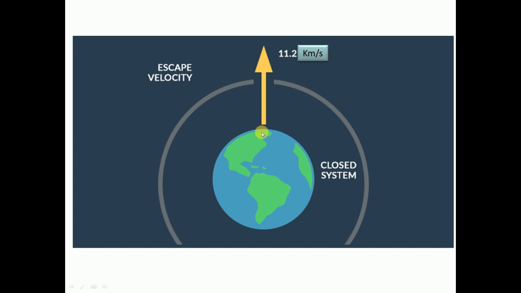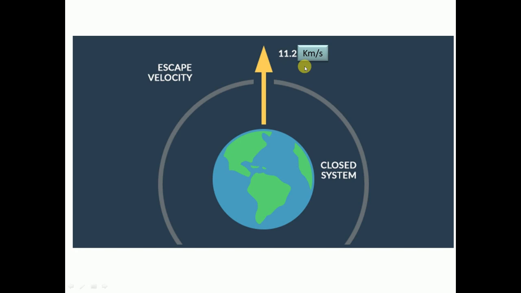If your ball travels outside the field of gravitation of the earth, then that ball will not come back to the earth. If you want that the ball should not come back, the velocity required is 11.2 km per second.